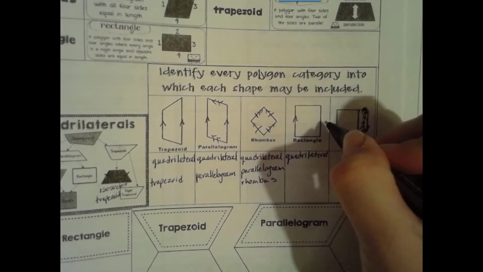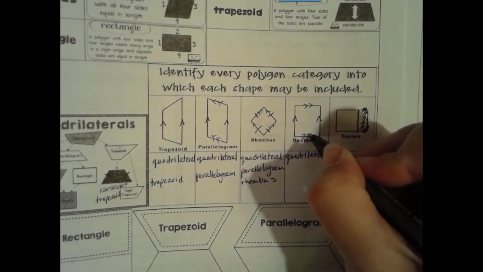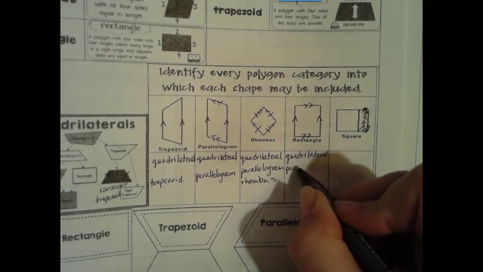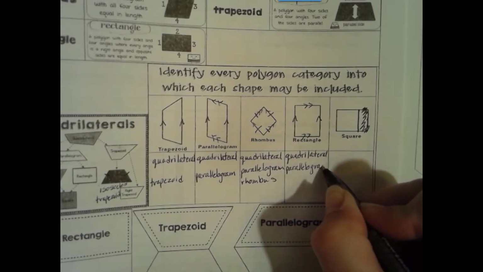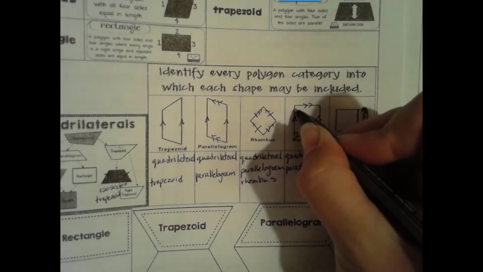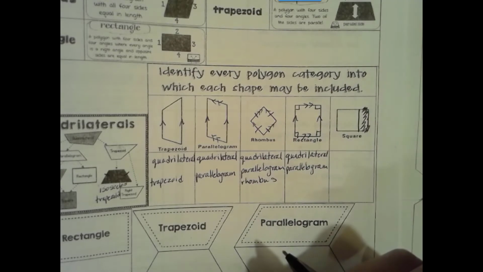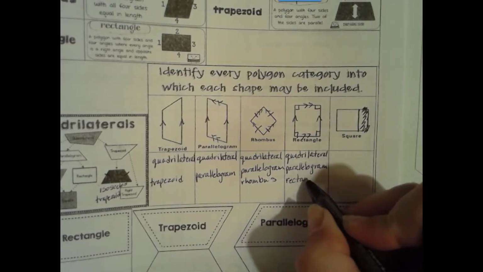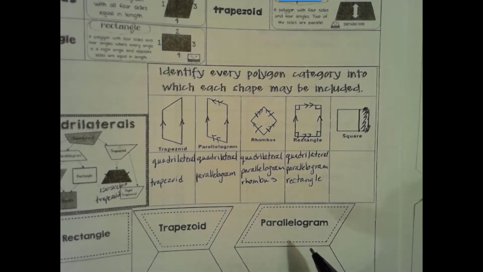It has 2 pairs of parallel sides, so it is a parallelogram. And it has 4 right angles, so it is a rectangle. Not all 4 sides are equal, so it is not a rhombus.